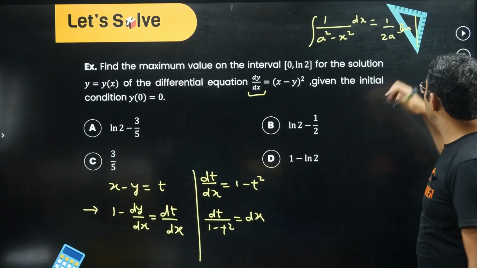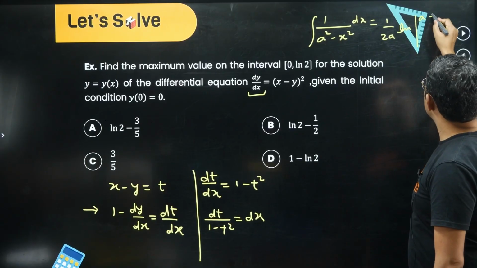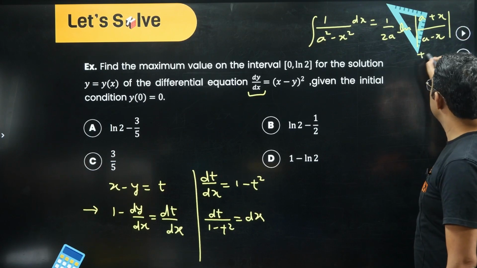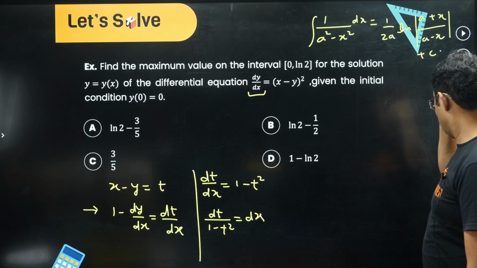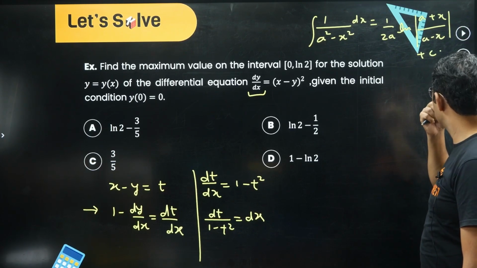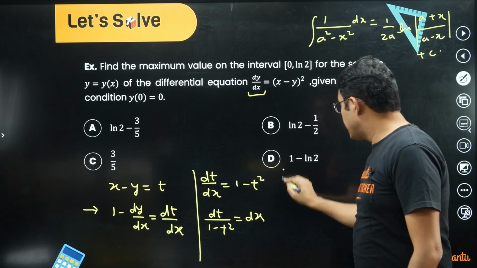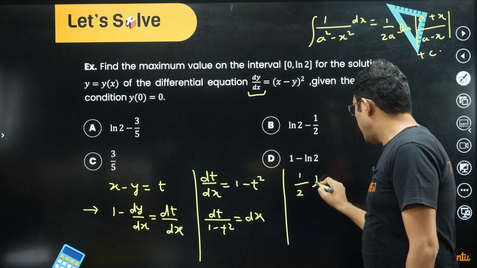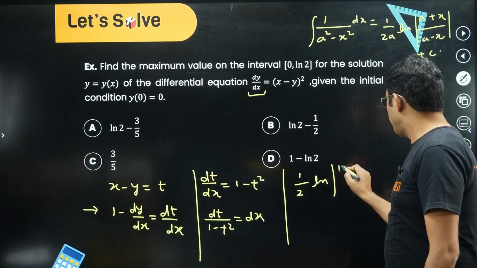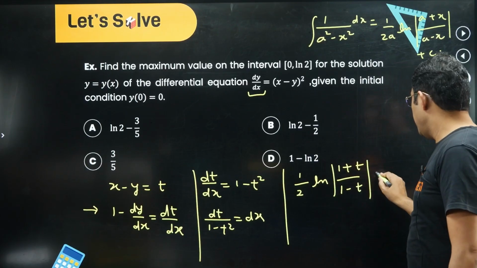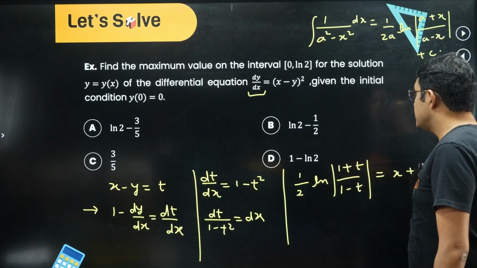So 1 upon 2a ln of a plus x upon a minus x plus c. Okay, so here it will become 1 upon 2 ln of 1 plus t upon 1 minus t with mod, equal to x plus c.